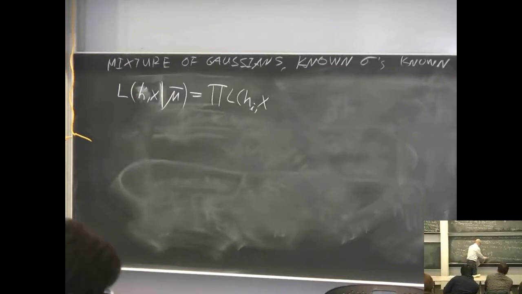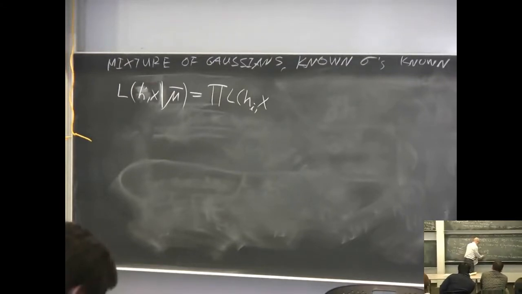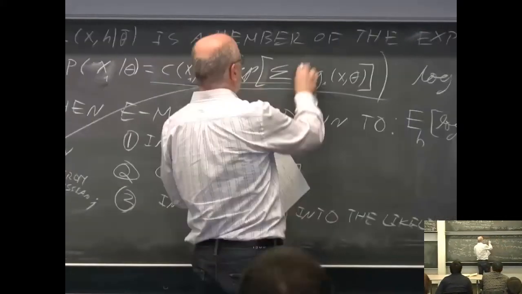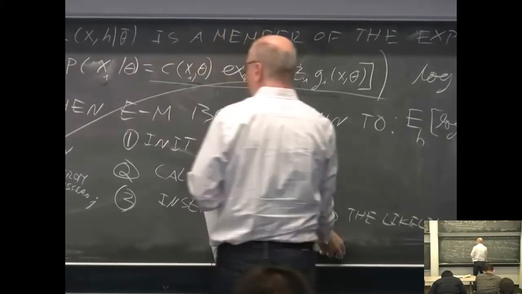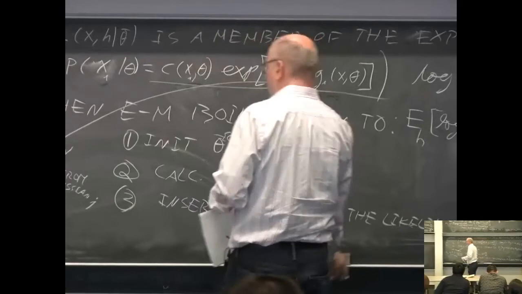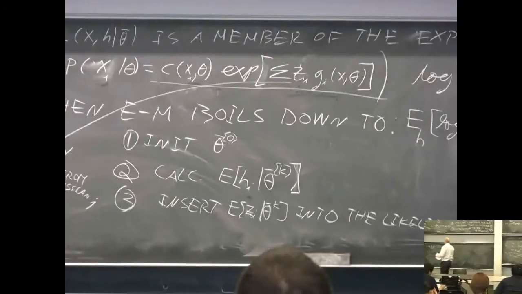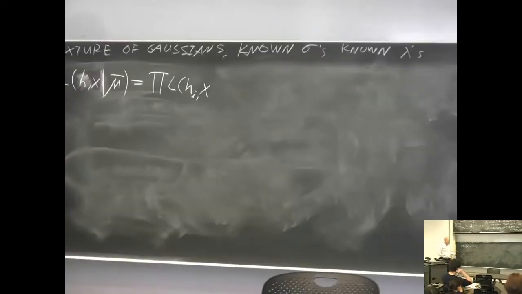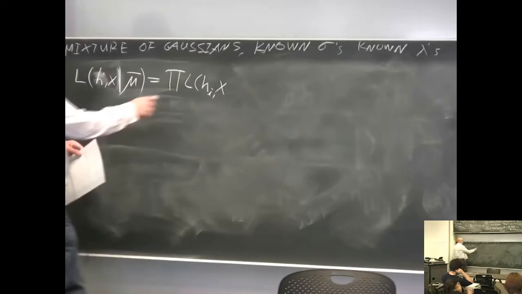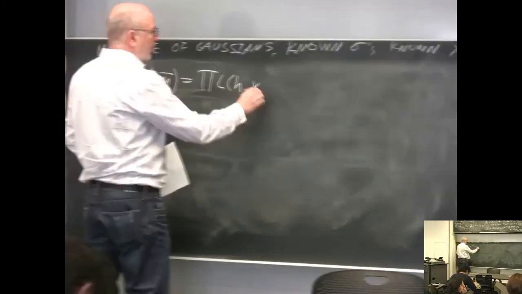These are all z's. So i is an index that goes just from 1 to n, and it's the number of observed x's. So this is the likelihood of hi and xi given the mu's.